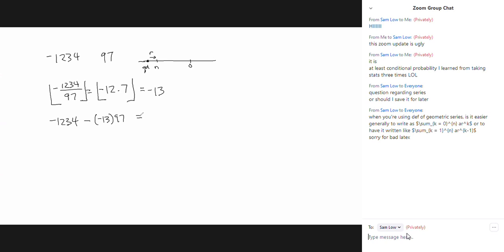Like 26. Okay, so notice in this case, negative 1, 2, 3, 4 equals 97 times negative 13 plus 26. So the answers are a little bit different because in this case, I had to go past to the left.